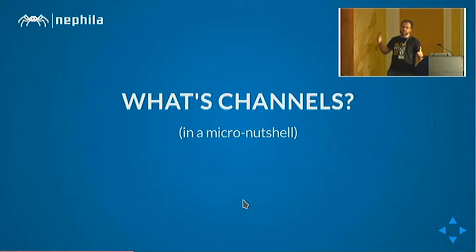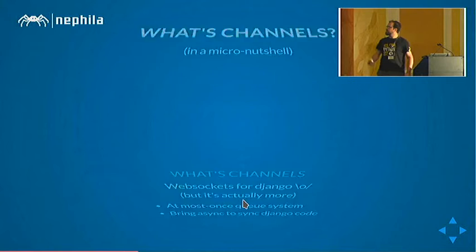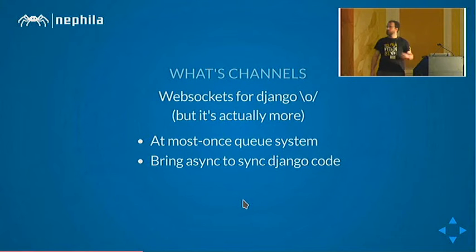And Channels, it's basically WebSockets for Django, but in fact it is mostly a queue system for Django, which was built to run synchronous Django code in an asynchronous way.